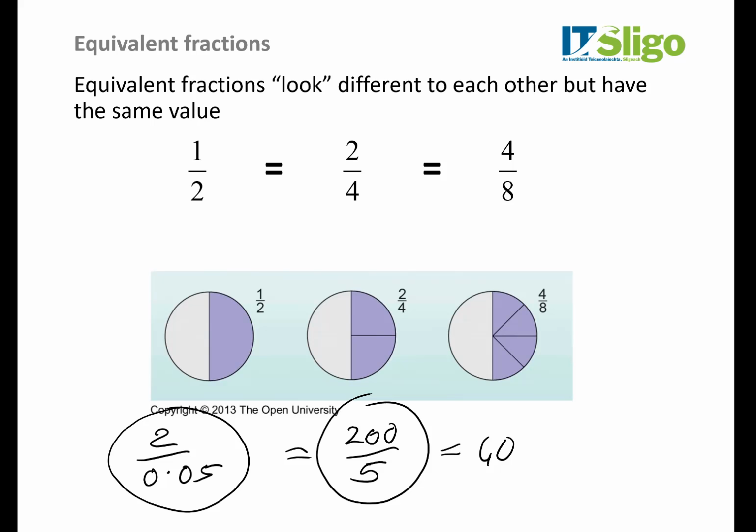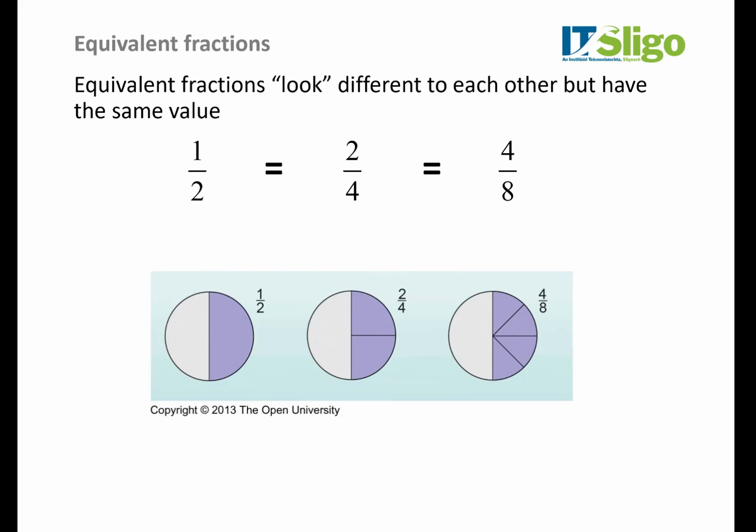Even though they look different, they have the same value. And even the 40 is equivalent, even though it looks different. That could be written as 40/1, and we'd have a fraction again. So equivalence, just like that briefly appeared, really means equalness. It's kind of not a word, but that's what it means.